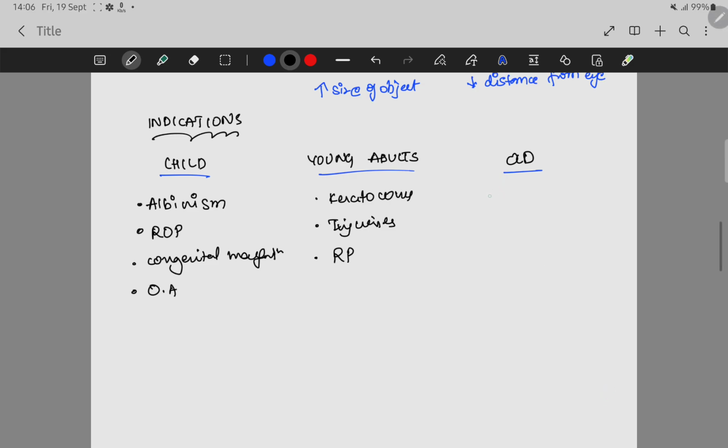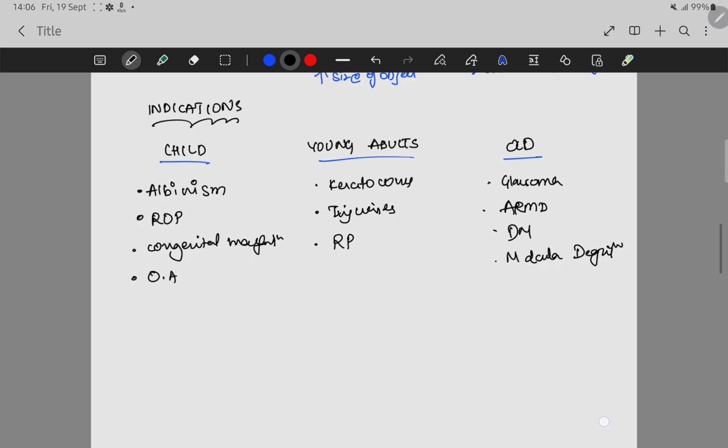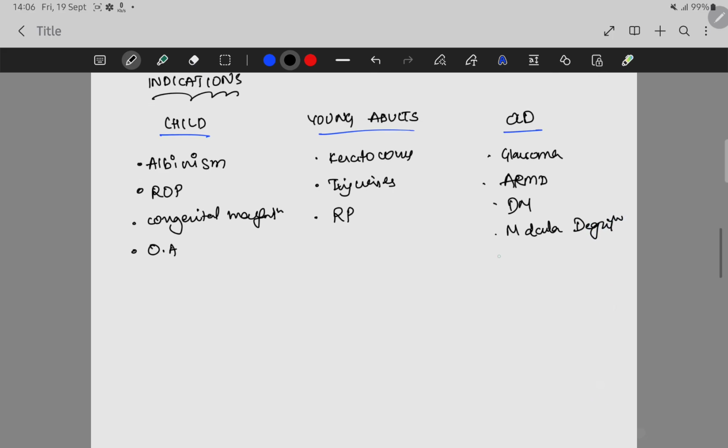And in old age we have glaucoma, ARMD, diabetic maculopathy, macular degeneration, and retinal degenerations. Here we also have pathological myopia. So these are the indications.